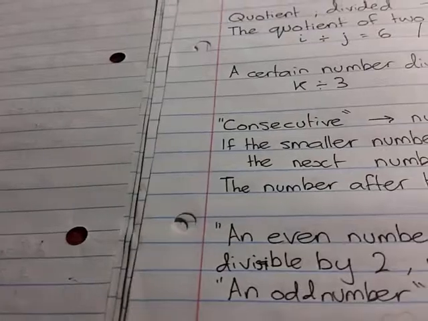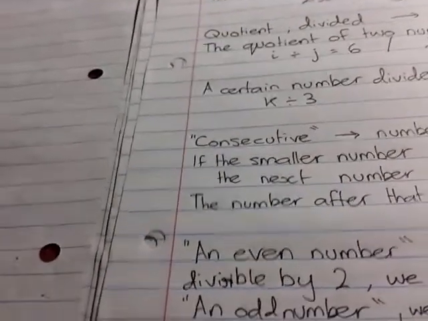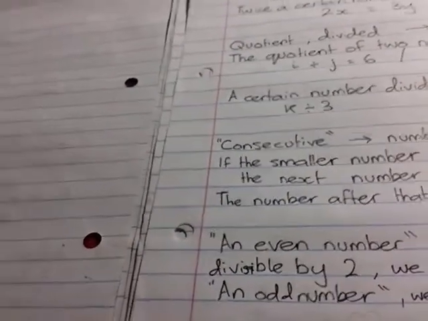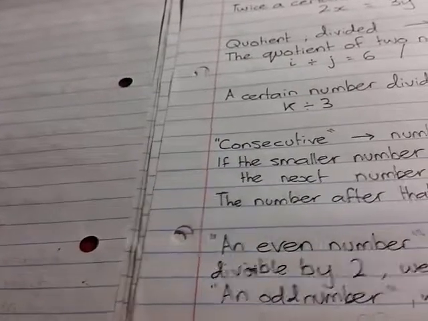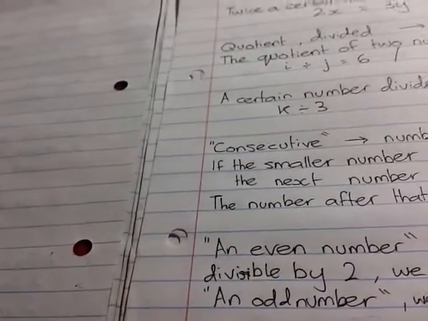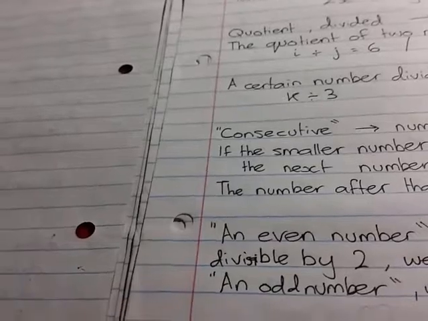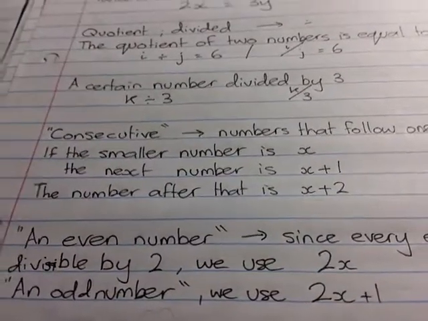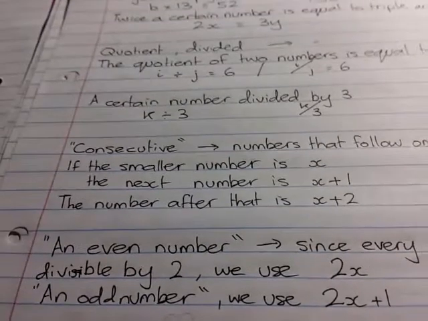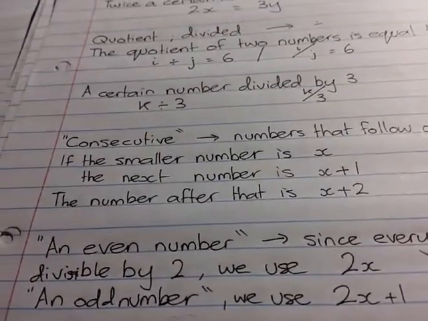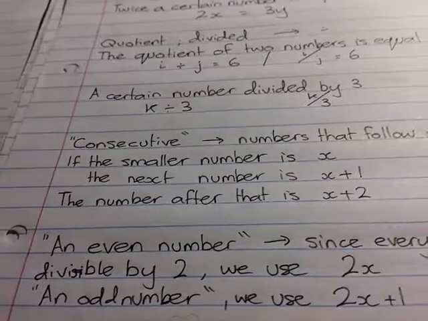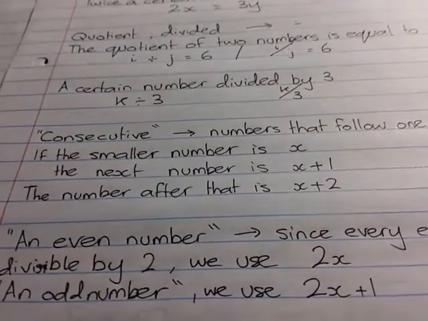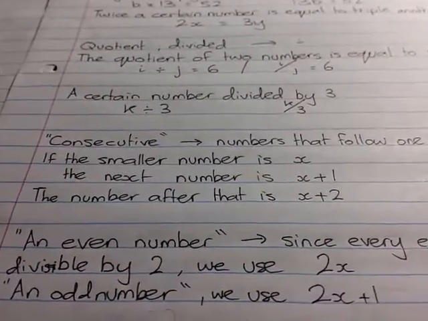Just like how an odd number is every number in between an even number. So in other words, if you took an even number, any even number, and you either add or subtract 1, you will get an odd number. That's why we can use 2x plus 1 or 2x minus 1, whichever one fits the situation.